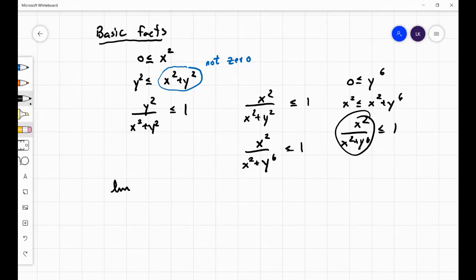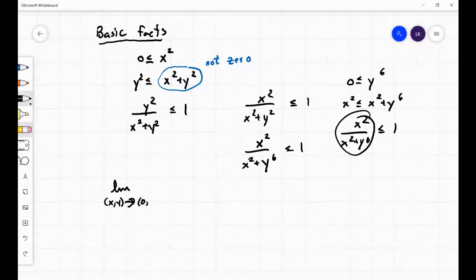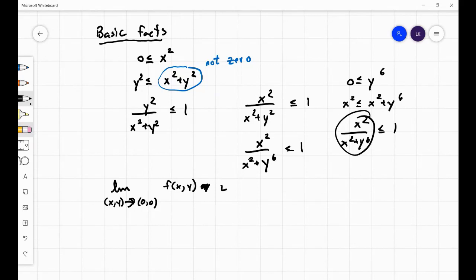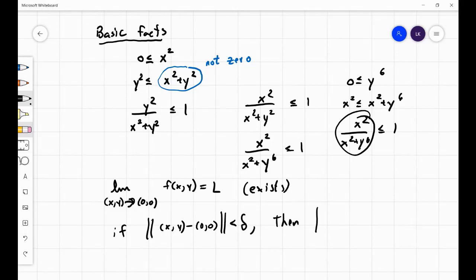So the limit exists, let me just say equals L. So the limit exists if for any point in the domain, if x and y get close to the point they're approaching, namely 0, then when you evaluate the function at that point, the output of the function gets arbitrarily close to the limit, the epsilon close.